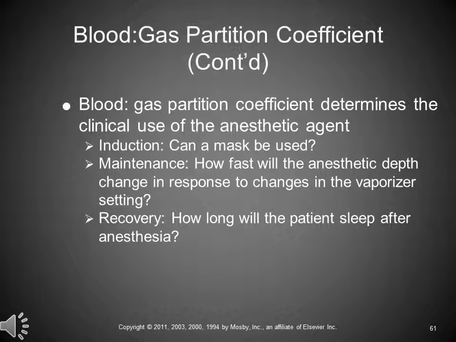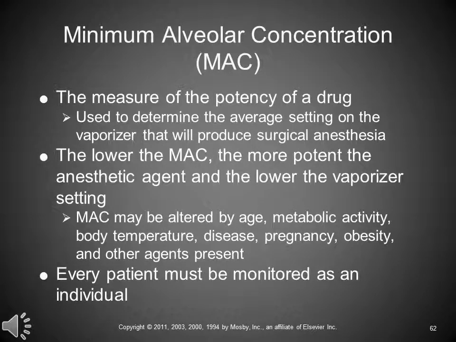Okay? Or if we want to lighten them up, it shouldn't take forever. And finally, how long will the patient sleep after anesthesia? Will they sleep for minutes, hours, days, months, years? Okay? That's going to play a role in our choices of anesthetics. Minimum alveolar concentration, or MAC, is the measure of the potency of an inhalant.